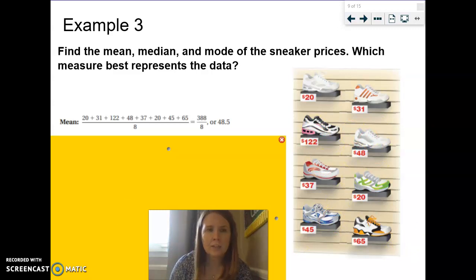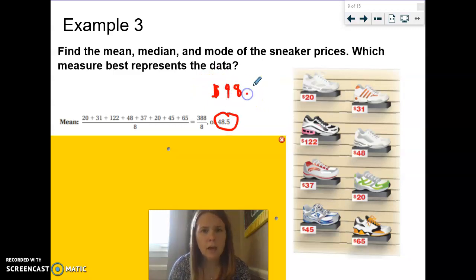So you add these all together and divide by 8. When you add them all together, you get 388. You divide it by 8, and you get a solution of 48.5. Remember, this can be in dollars, so you can leave it as 48.5. So you could tell someone, hey, on average, this company sells their sneakers for $48.50.